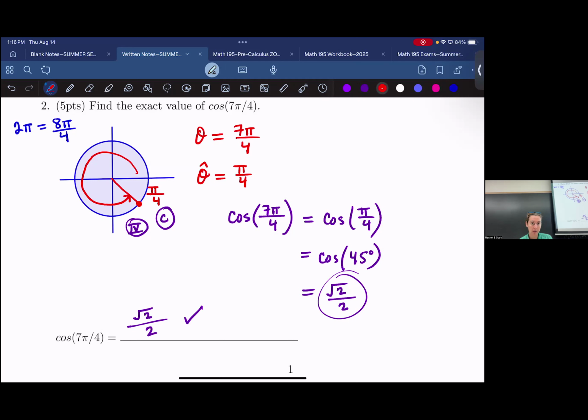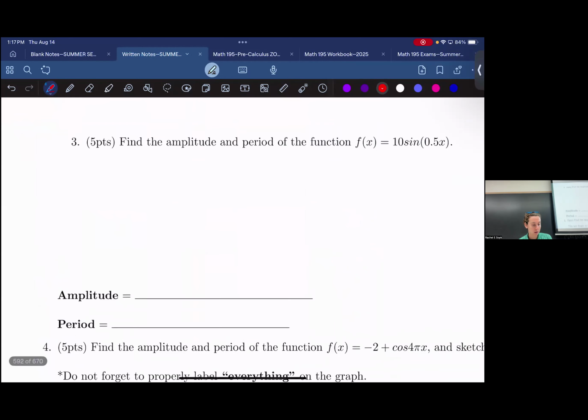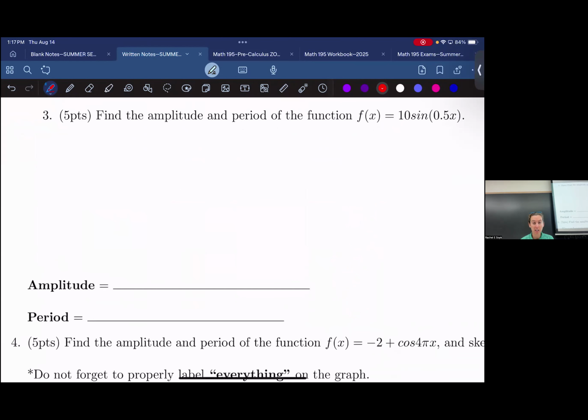Let's now go ahead and move to our question 3, which was just an identification problem. We're given our function f of x is equal to 10 sine of 0.5x, which is the same as just 1/2 x. I just particularly like fractions.